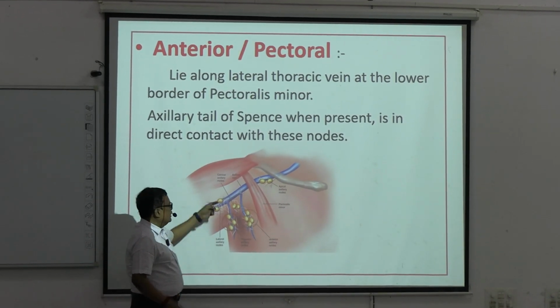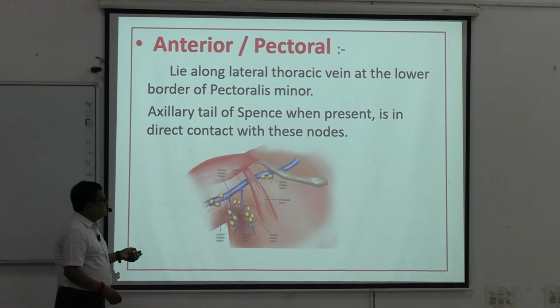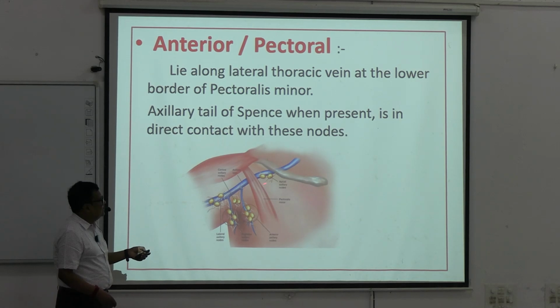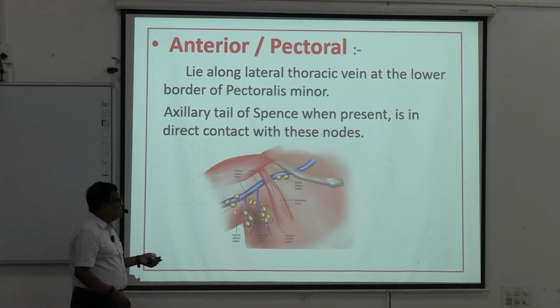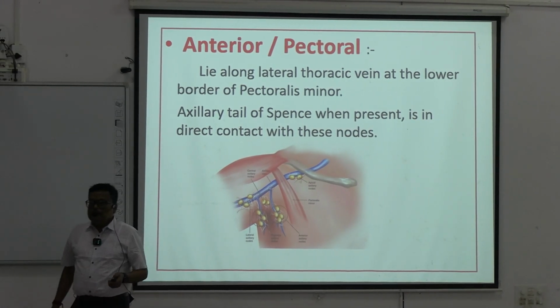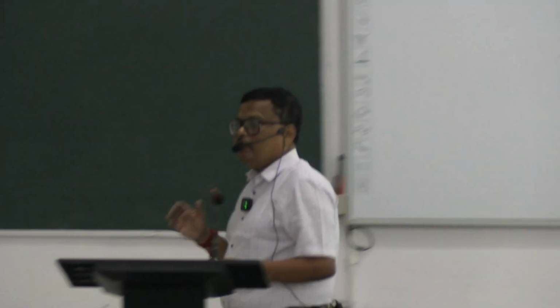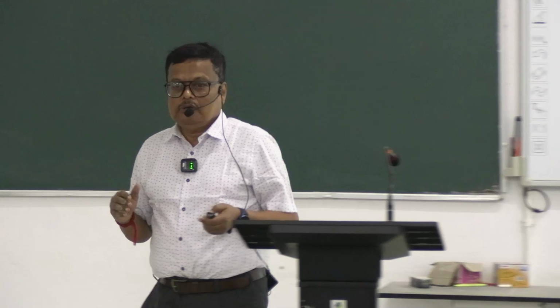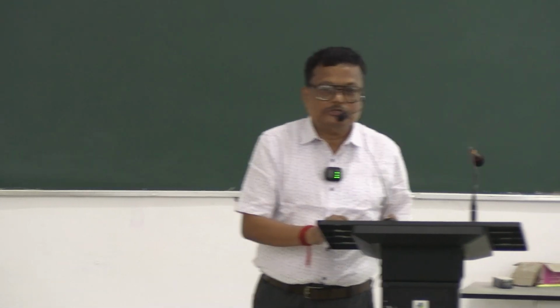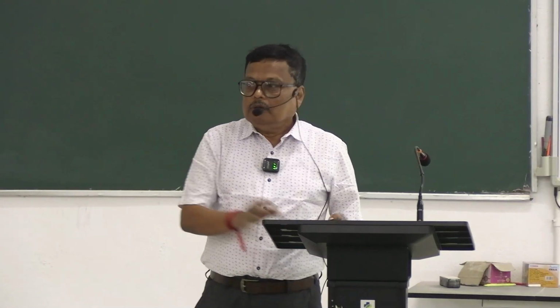This is the axillary vein. And there are 2 tributaries. I have already told you, in case of an artery, we call them branches. But in case of a vein, we call them tributaries. Don't say branches of the axillary vein, right?